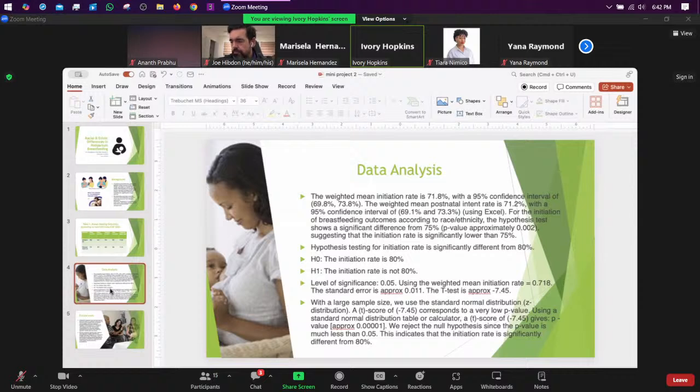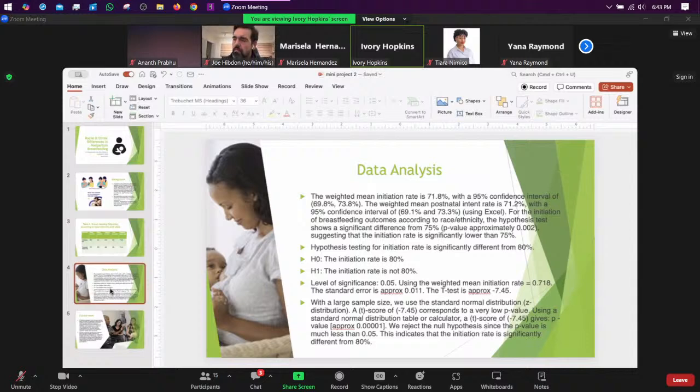It means that the weighted mean for the initiation rate is 71.8%, that it will fall within a 95% confidence interval between 69.8% and 73.8%. And then for postnatal intent, the rate is 71.2% with a 95% confidence interval that it will fall between 69.1% and 73.3%.